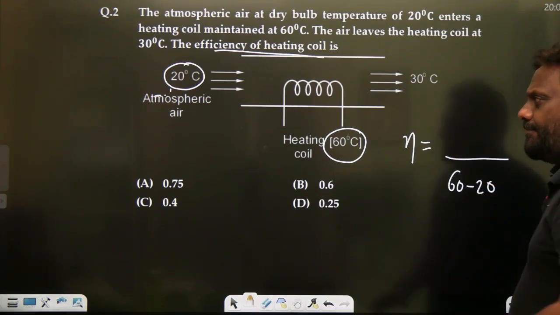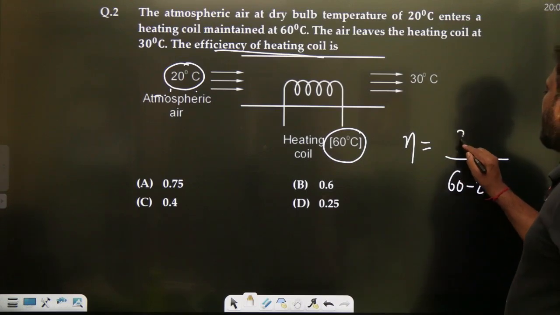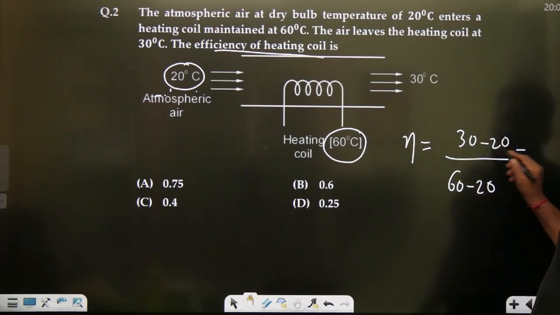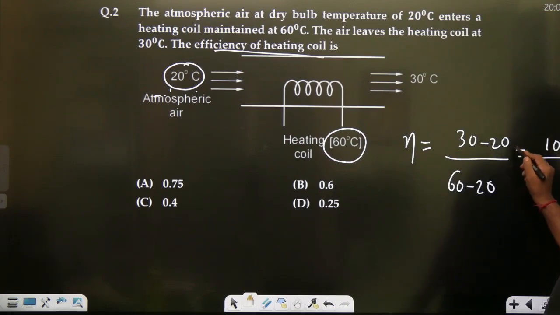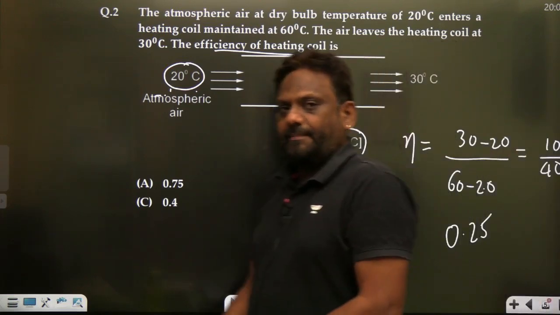And the actual gain? It is actually gaining from 20 to 30, so 30 minus 20. Actual gain by ideal gain is 10 by 40, and you are getting 0.25. So the coil efficiency is 25%.